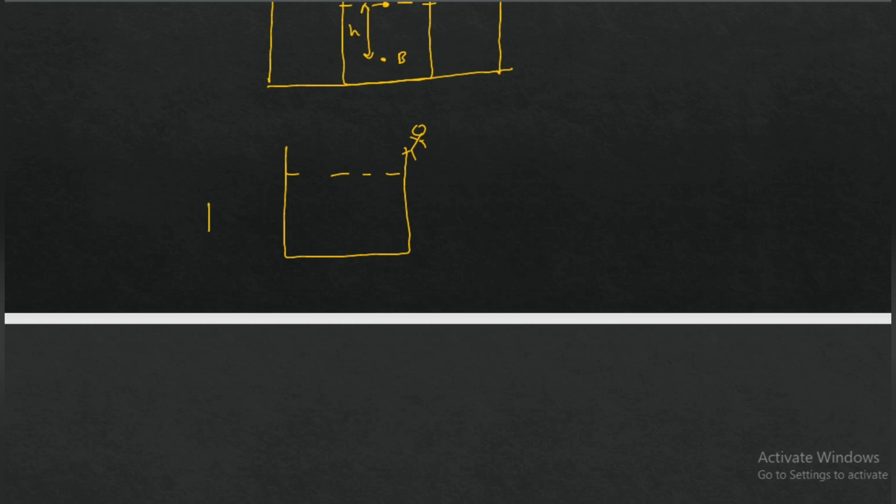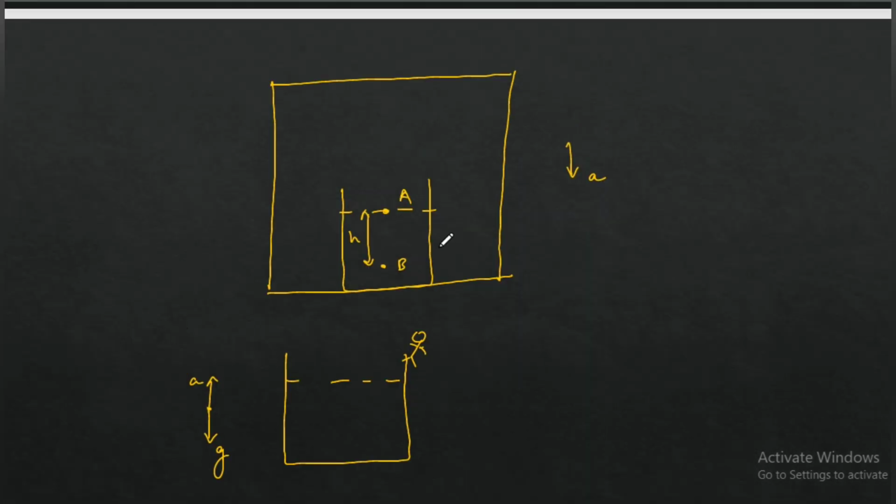The observer will see the acceleration of the fluid to be g downwards and a upwards, because the acceleration of the container was a downwards. So if you see with respect to the container, everything will have an acceleration of a upwards, right?